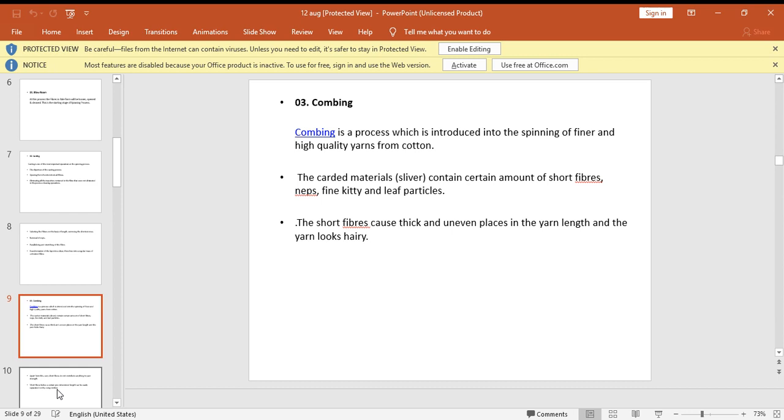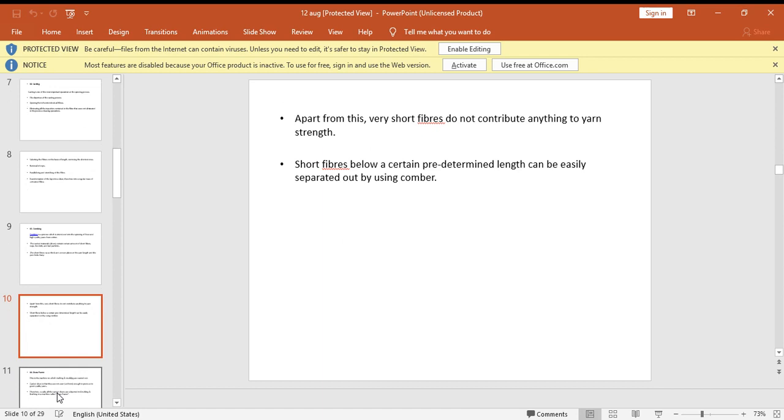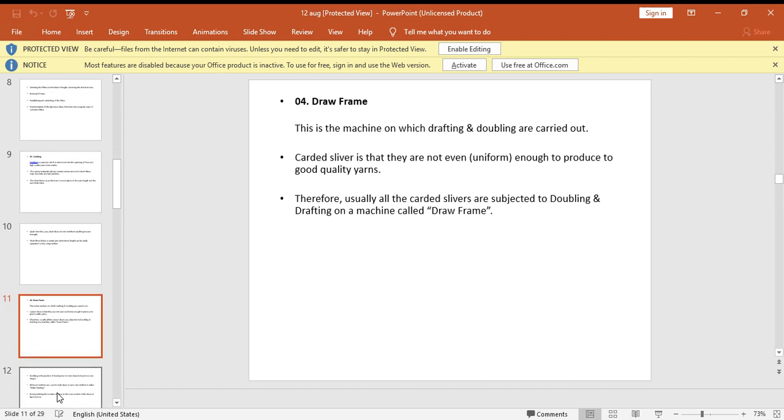The short fibers cause thick and uneven places in the yarn length, and the yarn looks hairy. Apart from these, very short fibers do not contribute anything to yarn strength. Short fibers below a certain predetermined length can be easily separated out by using the comber, and then the draw frame.